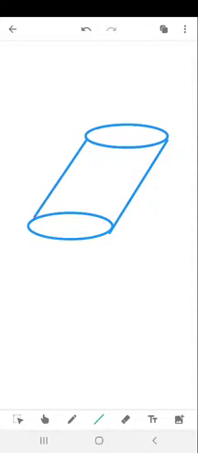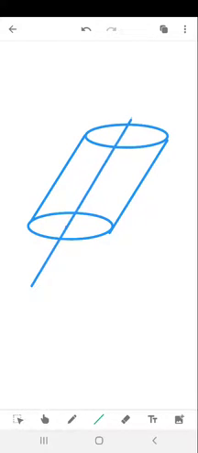Just join them. Okay, so this is an oblique cylinder. Now how can we tell that this is an oblique cylinder? Just look at the bases and find out where the centers are. Now join the centers and you will get the axis of the cylinder. So this particular line is the axis of this cylinder.